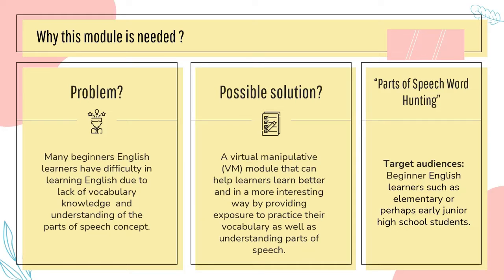And this is why this virtual manipulative, part-of-speech word hunting, emerged. The target audience for this virtual manipulative is beginner English learners such as elementary or perhaps early junior high school students.